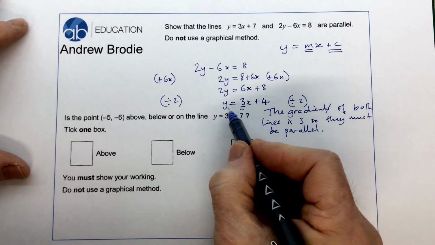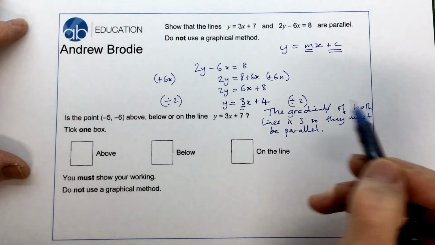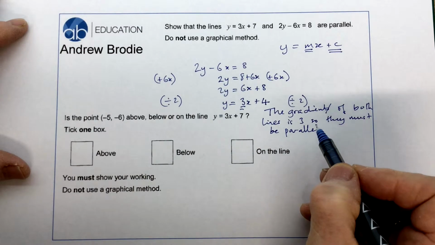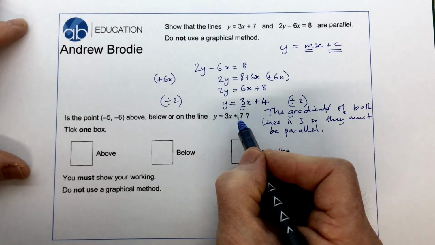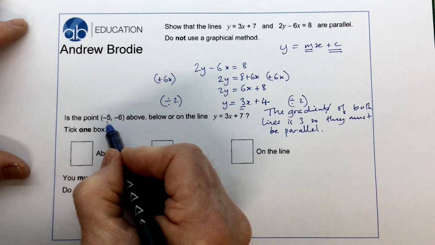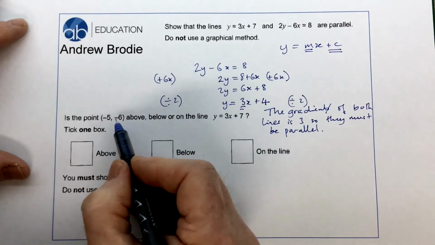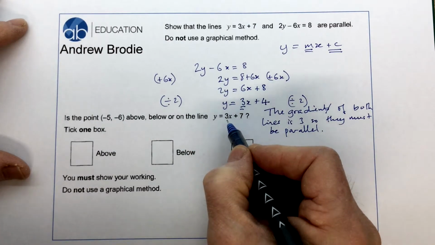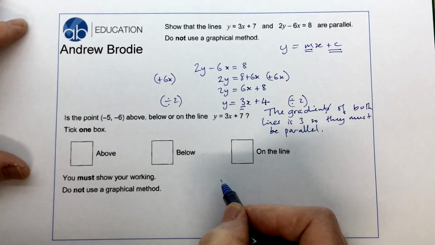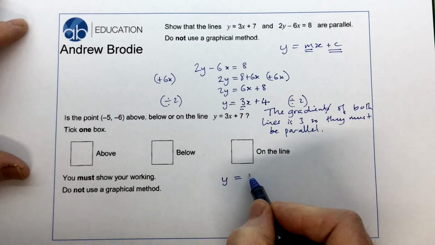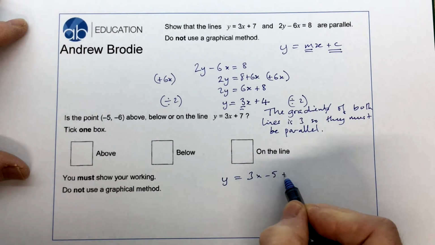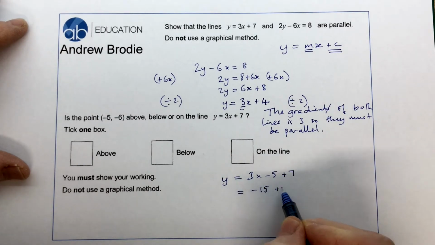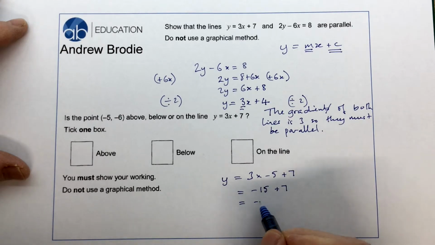What we can do is think about that line, and if we look at the coordinates we've been given, let's just focus on the x coordinate. So if it's sitting on that line with an x coordinate of -5, the y coordinate, if it's on the line, would have to be -6. Let's try x is -5 in that equation. So y equals 3 times -5 plus 7. 3 times -5 is -15, so we've got -15 plus 7, which is -8.